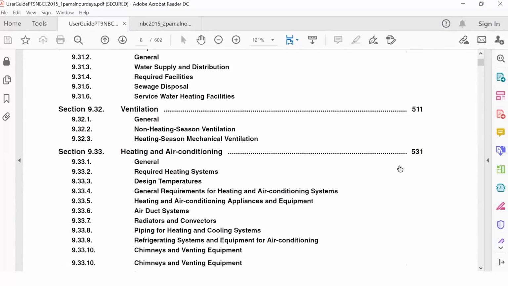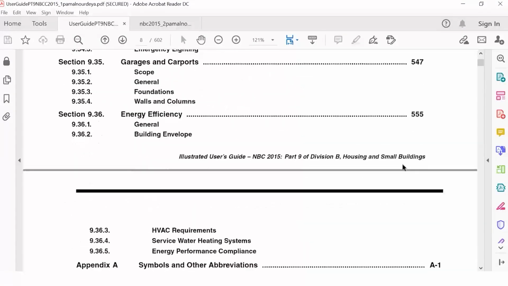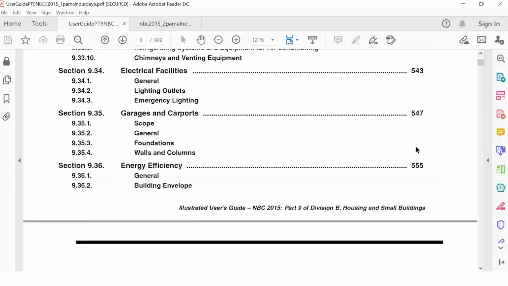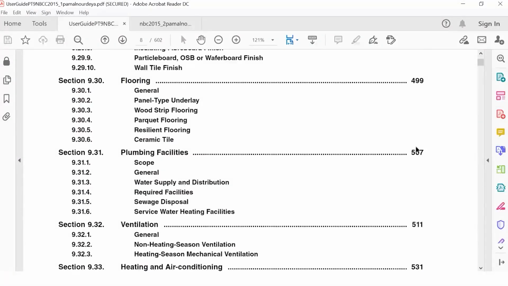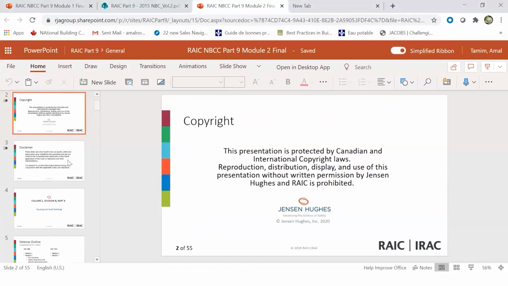You will see it as you have seen on what I have been showing you in the presentation. So I strongly recommend that you get this illustrator's guide to further your understanding of each of the provisions in the building code. So that's one recommendation.